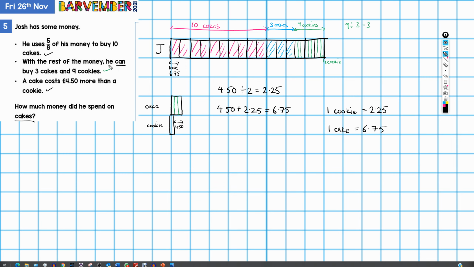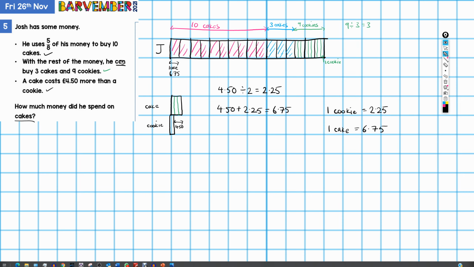With the rest of the money, he can buy 3 cakes and 9 cookies. Obviously, this represents a potential, and it's whether or not you think that potential was realized. I would be inclined personally to say that it does, but it's arguable that he didn't.